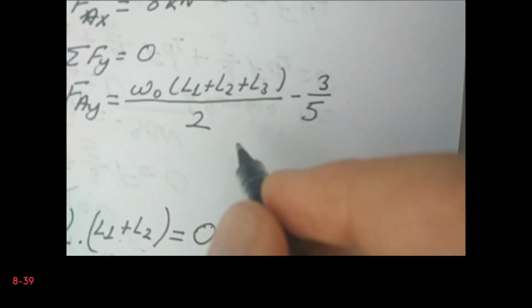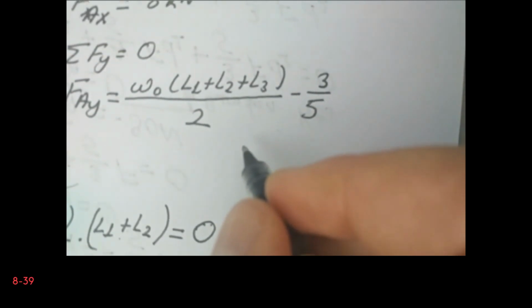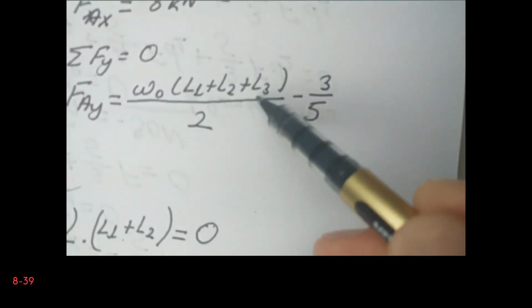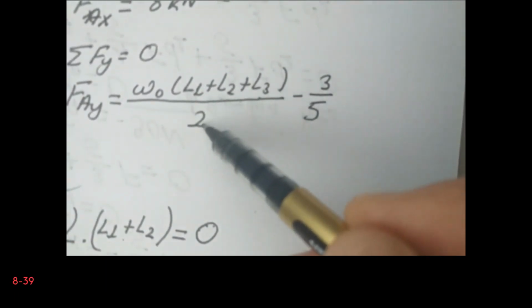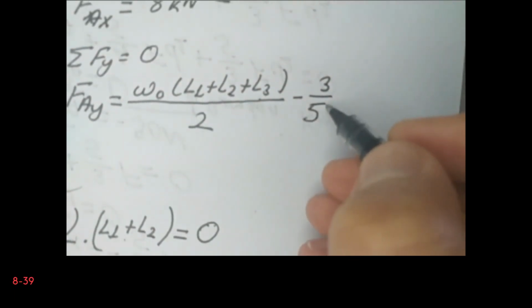FAY is equal to W0 multiplied by L1 plus L2 plus L3 divided by 2. This is the resultant force generated by the distributed load. Then we need to subtract the contribution of the force that comes from the FB. So this is 3 over 5 FB. And the result is 6 kilonewtons for FAY.